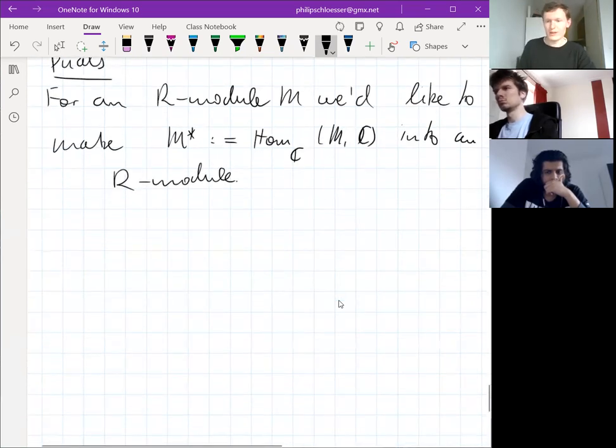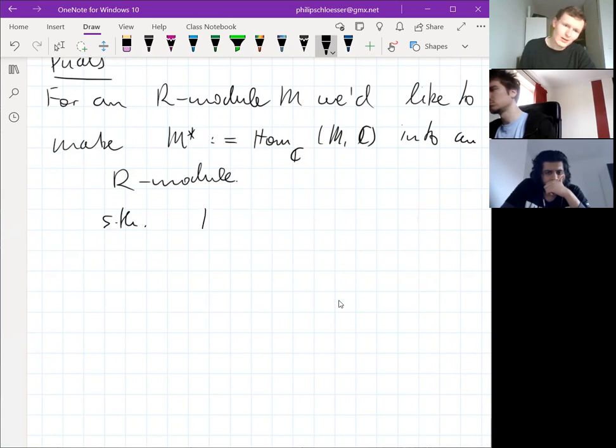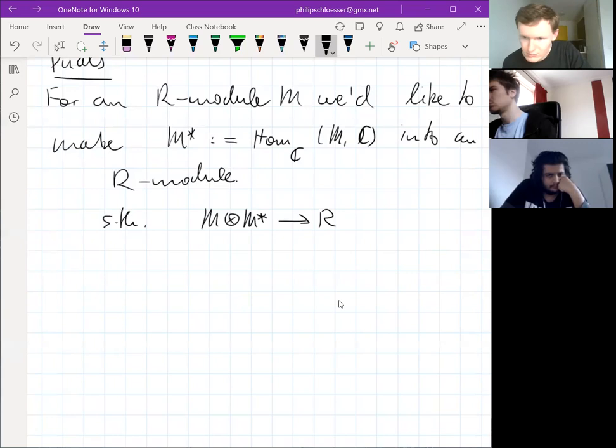And we would like two things, namely we would like the map M tensor M prime to R, oh, okay, yeah, that should be C, right?